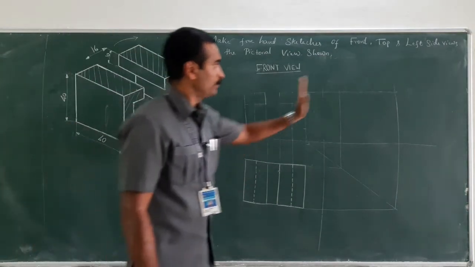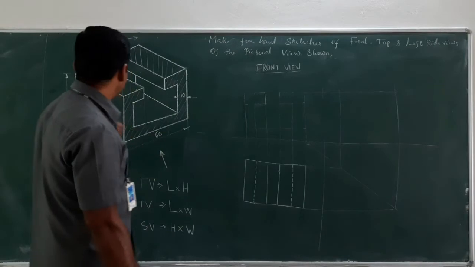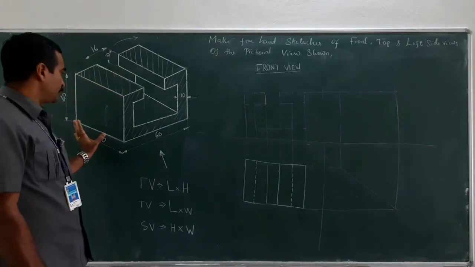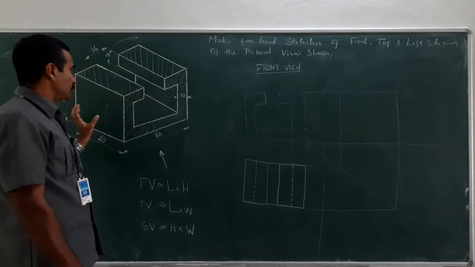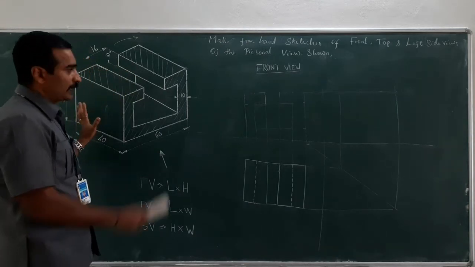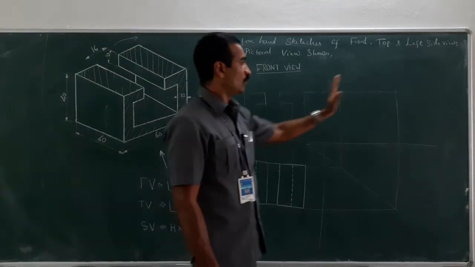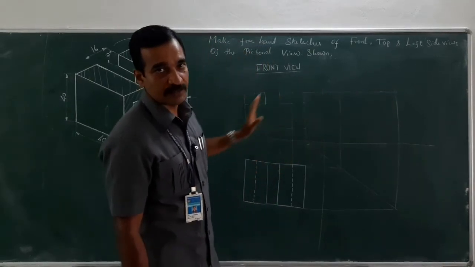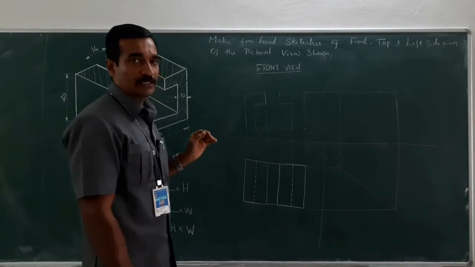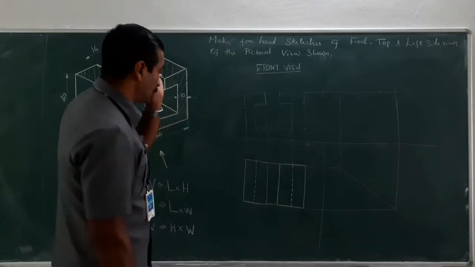Let me move to the side view. I am looking at the left of this particular object, but I will draw the view on the right hand side of the front view. This is as per first angle projection using orthographic projection, isn't it?